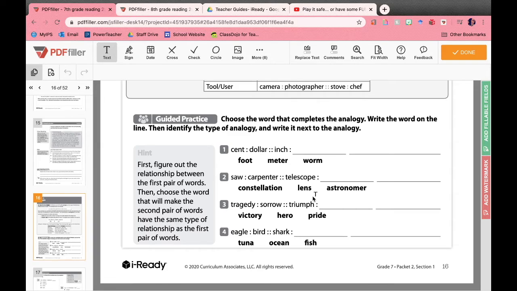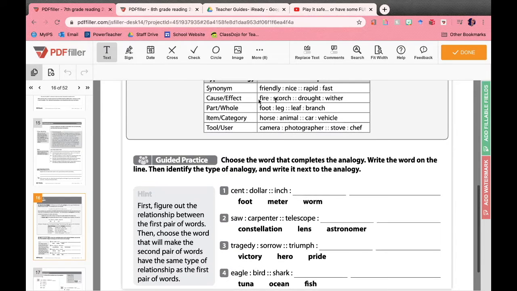So, the first one, or let's read the hint first. First, figure out the relationship between the first pair of words. Then choose the words that will make the second pair of words have the same type of relationship as the first pair of words. So, first we have cent to dollar. Now, what is a cent compared to a dollar?